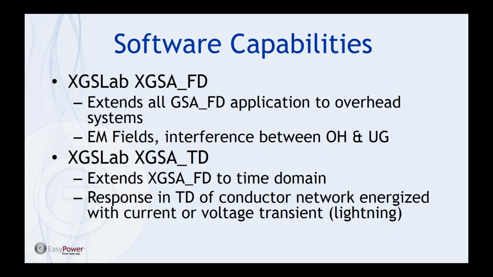Usually this is most associated with lightning. So you can look at the lightning strike dissipation into the soil, the electric and magnetic field generation, determine damage to equipment, tune surge arresters, determine what might be dangerous to people. It's very helpful. The XGSA TD module uses outputs and information from the other modules in the frequency domain to help calculate those things.